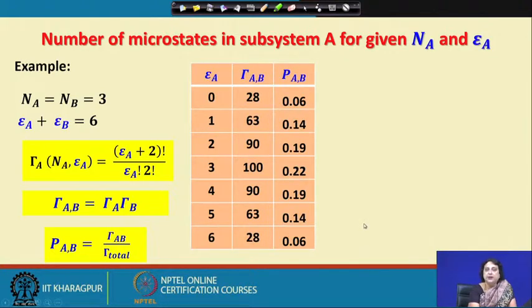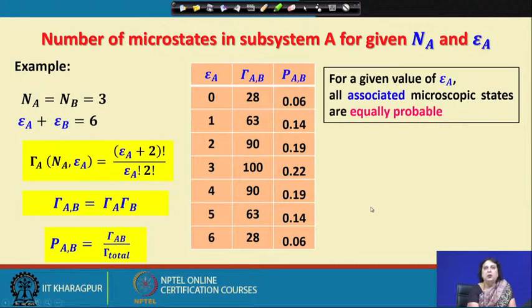And this is given like this. So, following the behavior of gamma A B, the probability P A B increases as you go towards the middle of the range of epsilon A, and then it falls off.